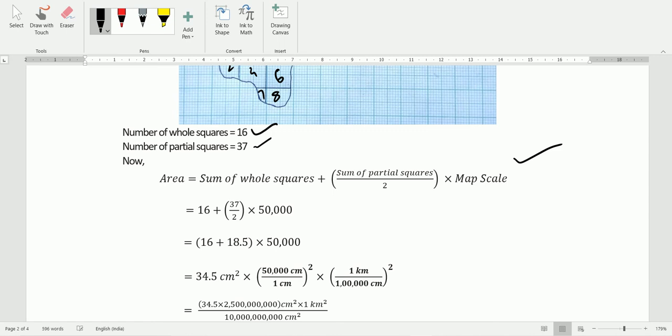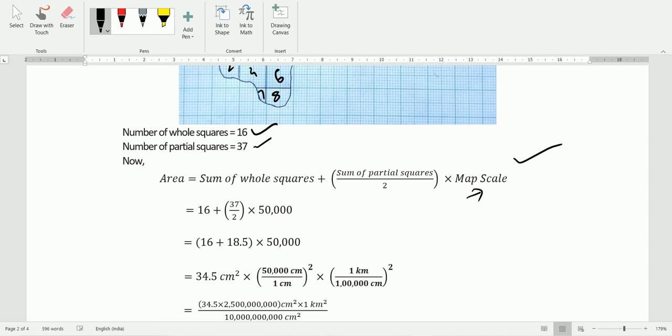Area is equal to sum of whole squares plus sum of parcel squares divided by 2. We are just finding the average, and this is to be multiplied by the scale factor, that is the map scale.